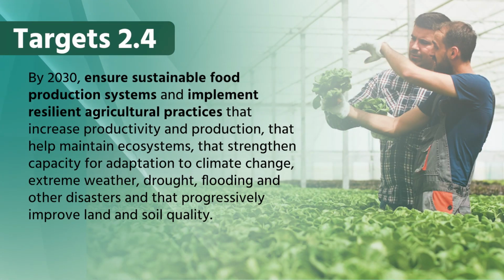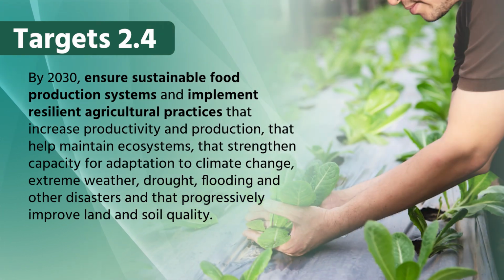The food target is, by 2030, ensuring sustainable food production systems and implementation of resilient agricultural practices that directly increase productivity and production. When you have an increase in production, that would help in maintaining the integrity of ecosystems, and strengthen the capacity for adaptation to climate change, extreme weather, drought, flooding, and other disasters.